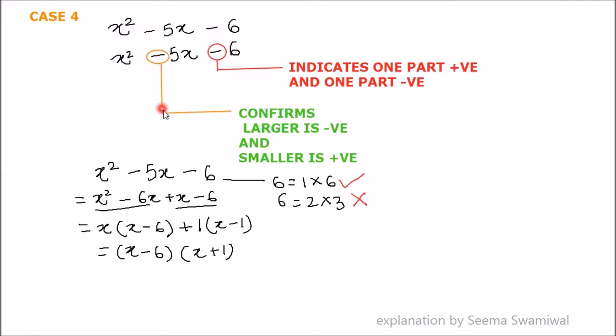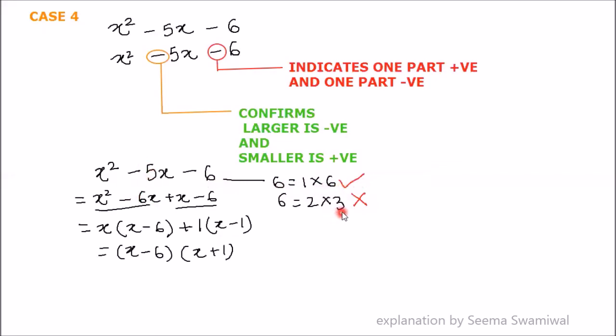This will confirm that the larger part is negative and the smaller part is positive. Once again, the factors of 6 are 1 into 6 and 2 into 3. So this time you have to give the larger part a negative sign. So if you give minus sign here and plus sign to 1, minus 6 plus 1 will give you minus 5. So that means this is correct.